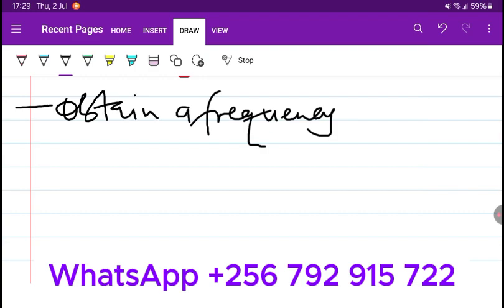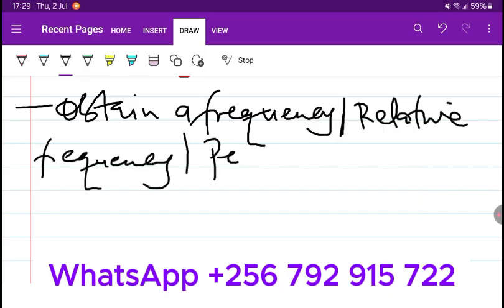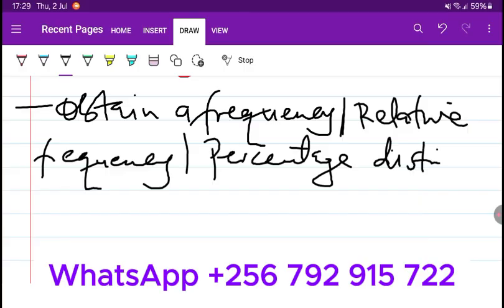It could be frequency or it could be relative frequency, or percentage distribution, because I may give you only frequency and the data.